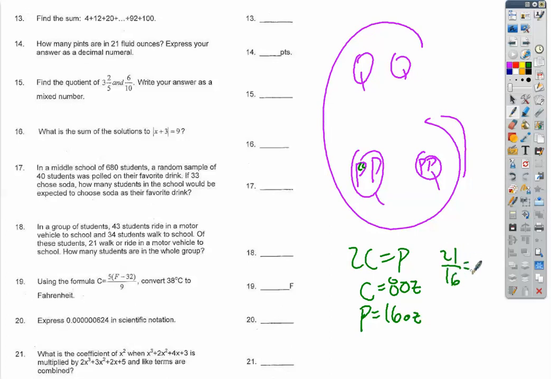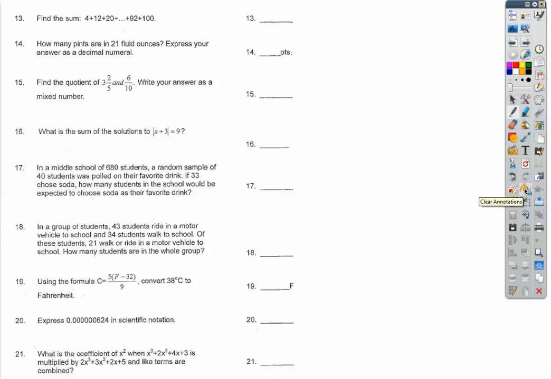Now that's kind of nasty, so I just have to do some division here. So I have 21, and I know I'm going to have a bunch of zeros. Just throw in some, and I have 16. So 16 goes into 21 once, and so I have 5 remaining. 16 goes into 50 3 times. That's 48, carry the 2.